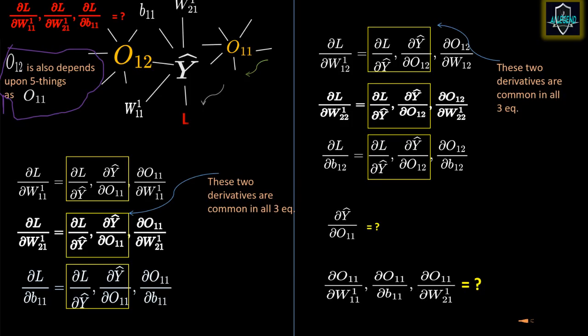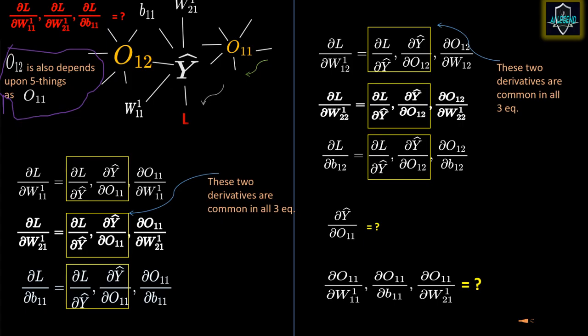Now come to step 2. As we are seeing, y hat depends upon the loss function, and here y hat depends upon 5 things and y hat depends upon O11. So as the chain is making here, O11 depends on y hat, which depends upon the loss function, or if we go forward, then L tends to y and y tends to O11, right? Or you have O12.